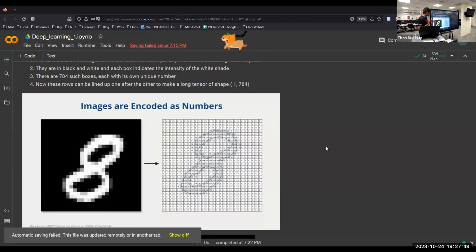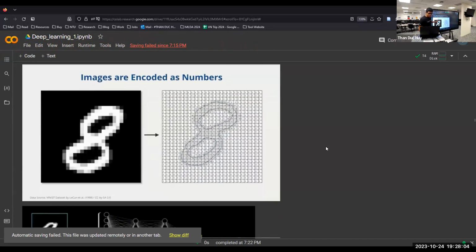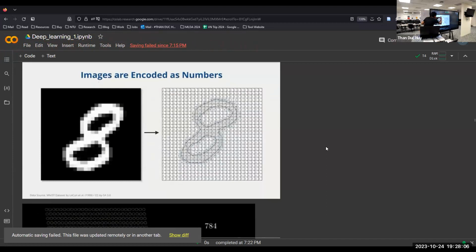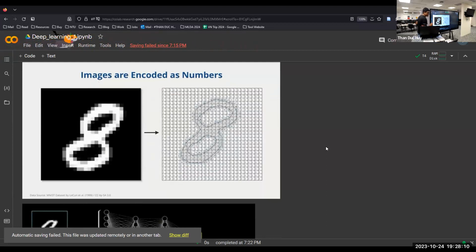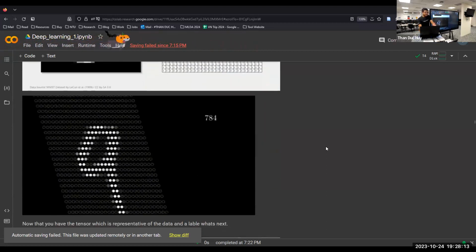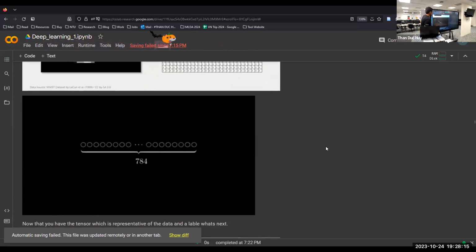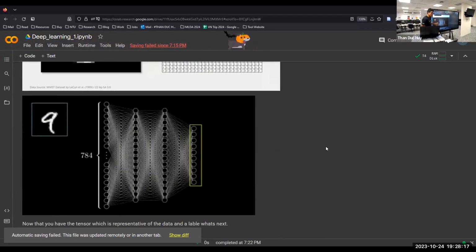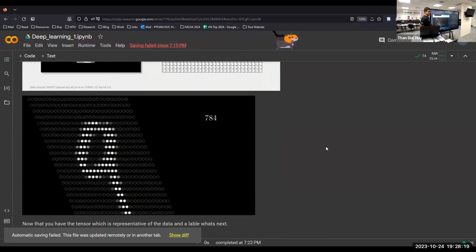If it's very white, it will be a very high value. If it's gray, then maybe somewhere in between. So we assign values to these pixelated boxes, and then we take out each row and attach them together, something like this. So now you have 784 numbers, basically.